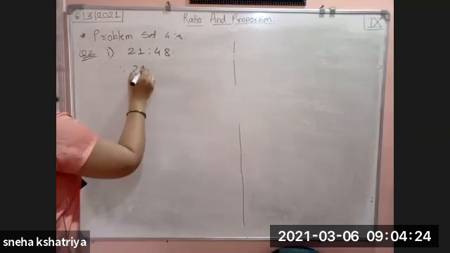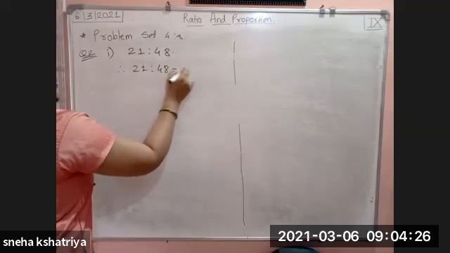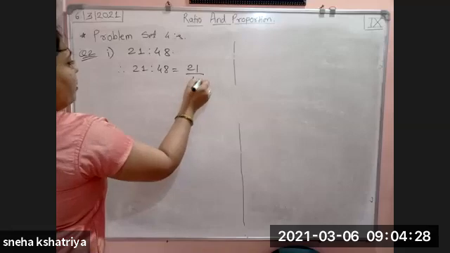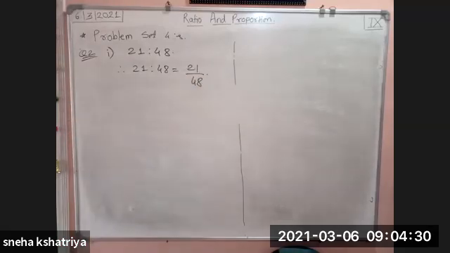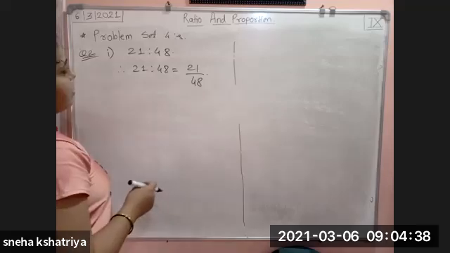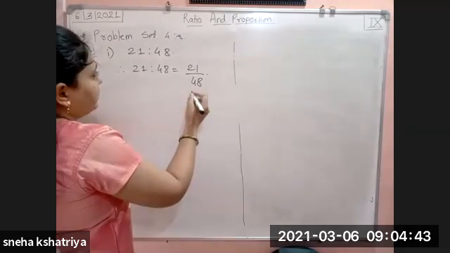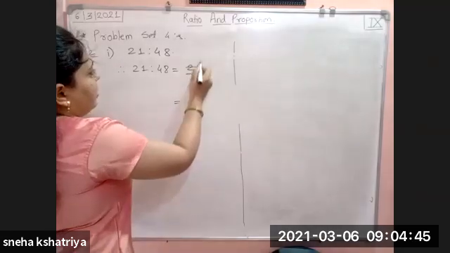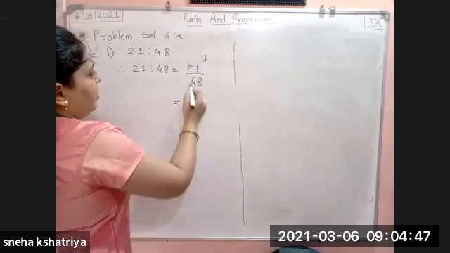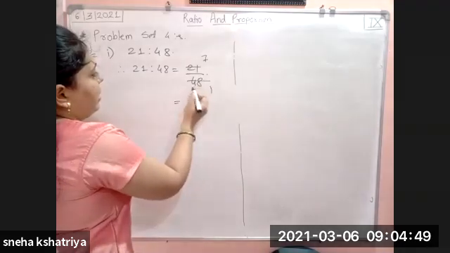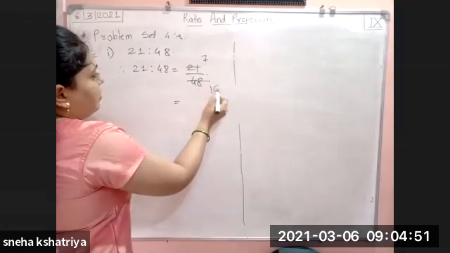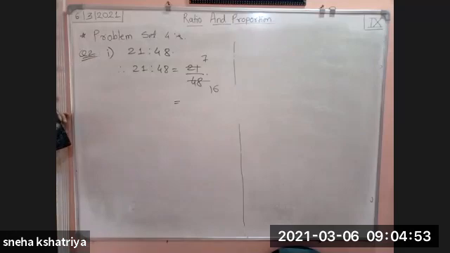Therefore, 21 as to 48 is equal to 21 upon 48. 21 and 48 come in the table of 3. This can be divided by 3, right? 3 7s are 21, 3 16s are 48.